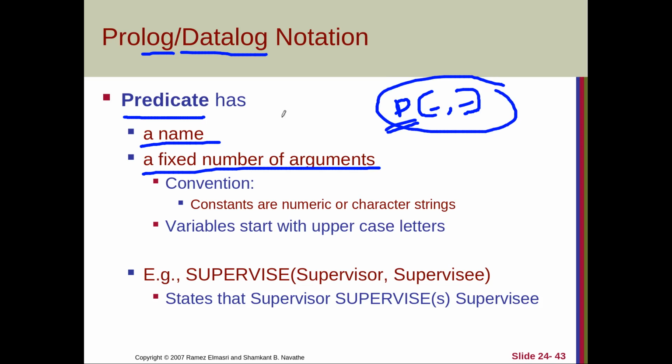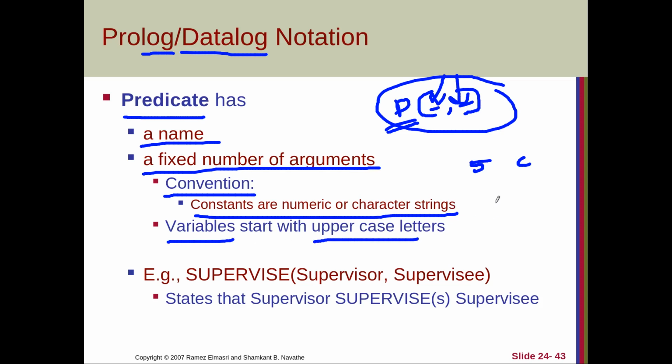Now the convention is that constants are numeric or character strings. So if you have some constants within this predicate, they are represented either by numeric values or by character values. And if you are using variables, they must start with an uppercase letter.